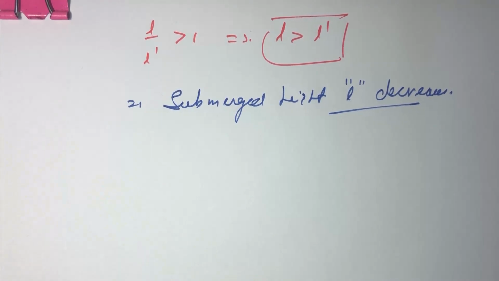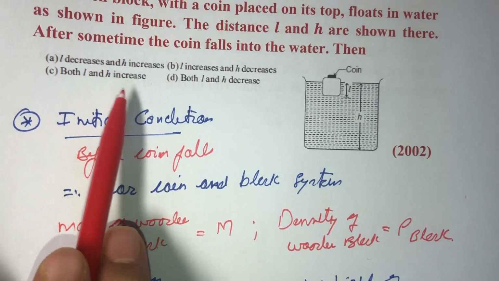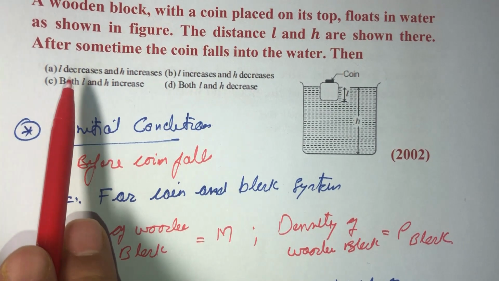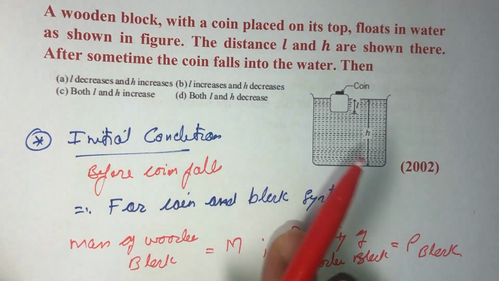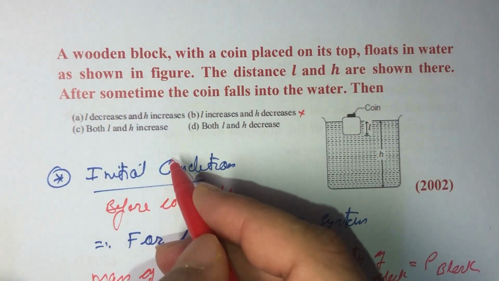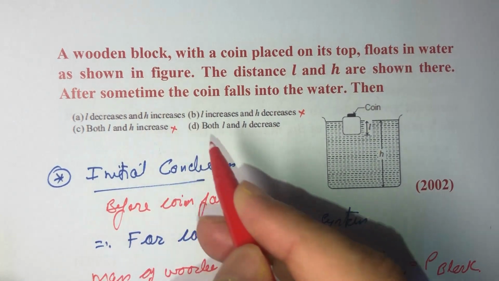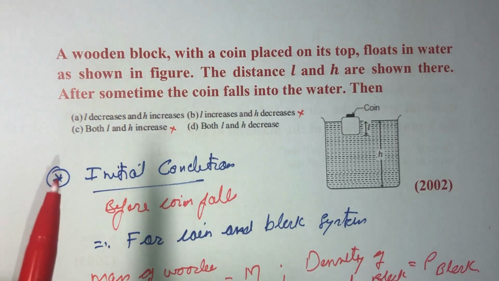At least from here it is clear that L decreases, so L doesn't increase, so those options cannot be correct. Only possibility is that either A is correct or D is correct.